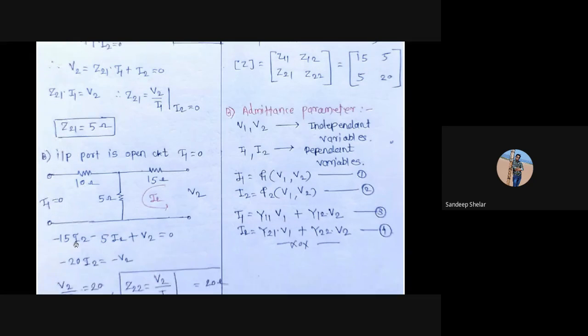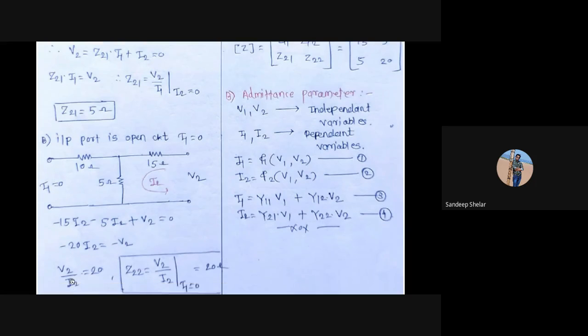Then minus 20 I2 is equal to minus V2, so the ratio V2 upon I2 is equal to 20. Then Z22 is equal to V2 upon I2 with I1 equal to 0, that is the input port open circuit, which is 20 ohm.